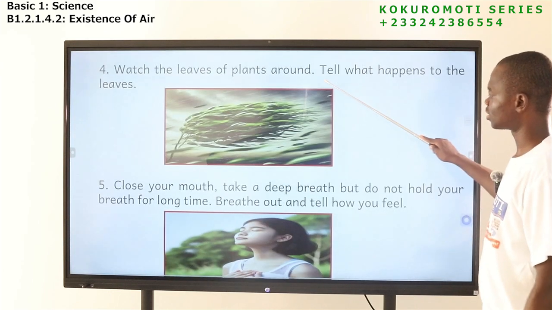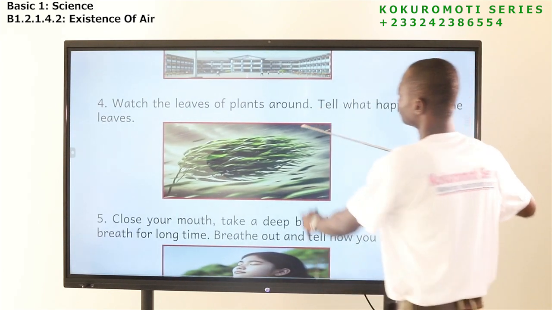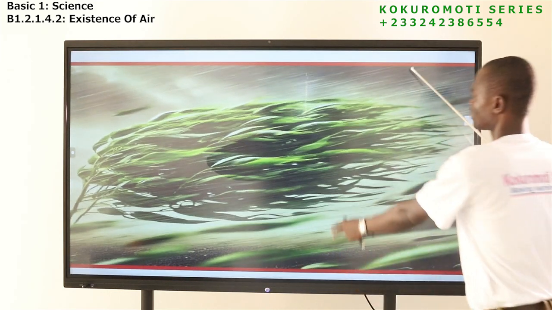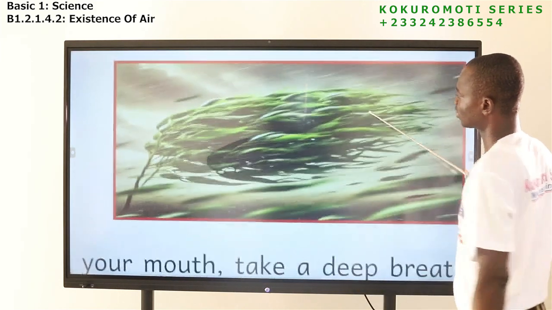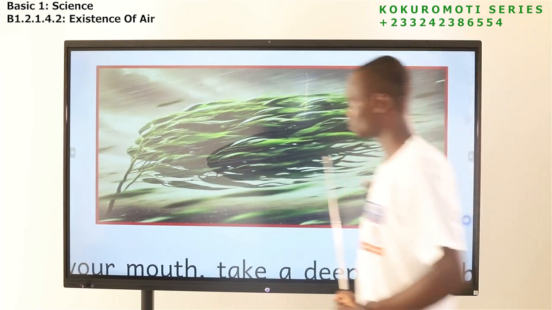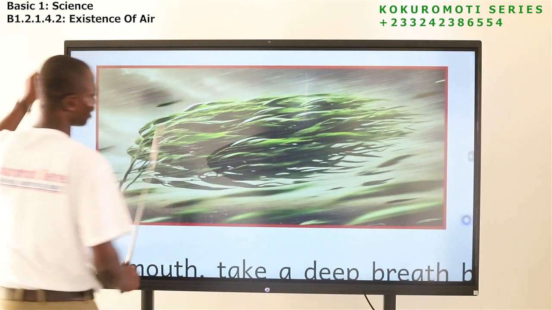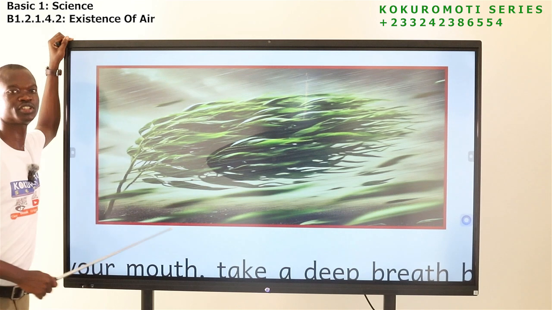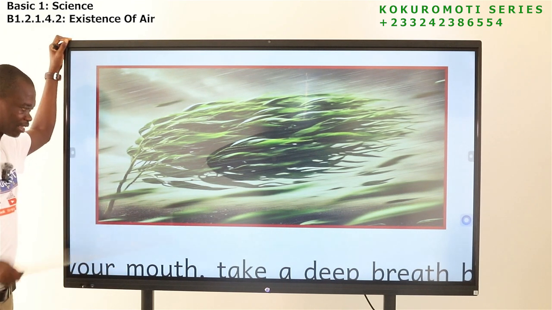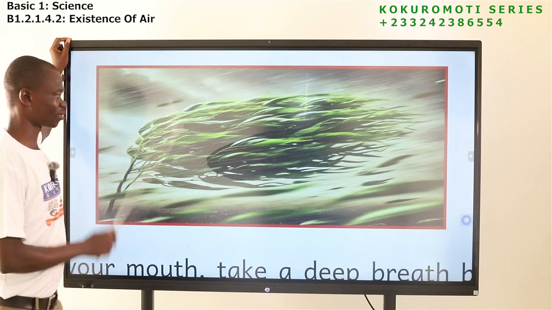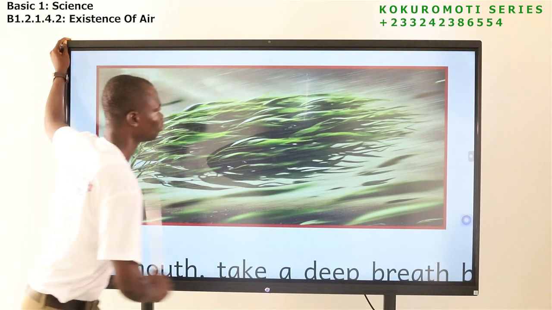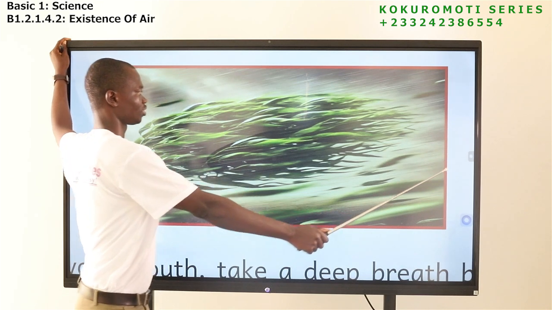Okay. Now let's come to this side. Can you see? Okay. Describe what you see here. Do you see a house? Do you see human beings? Do you see plants? Yes. We have plants here. And you see that all the leaves of the plants are moving towards this direction.